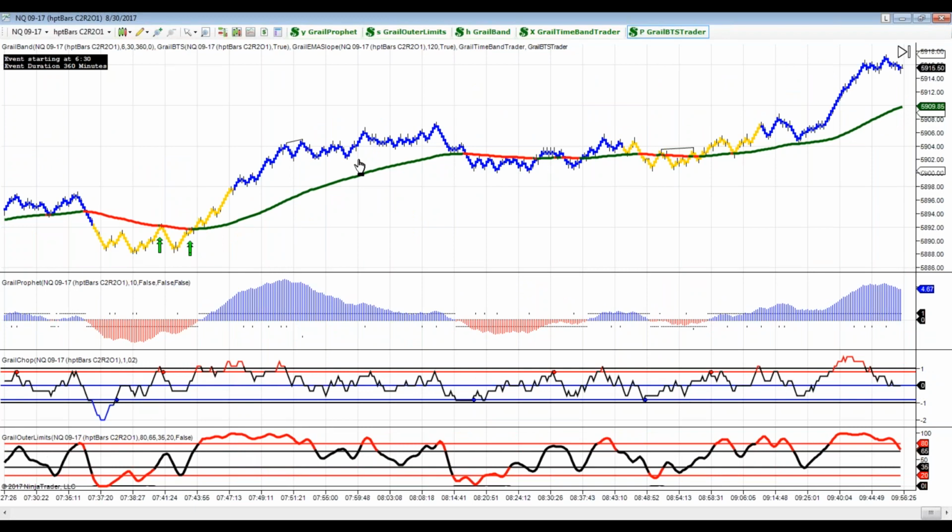And why didn't we get trades here? Anybody tell me? This is a quiz question. Why did we not get trades here? This was yellow following blue. Anybody? Well, the number 12.